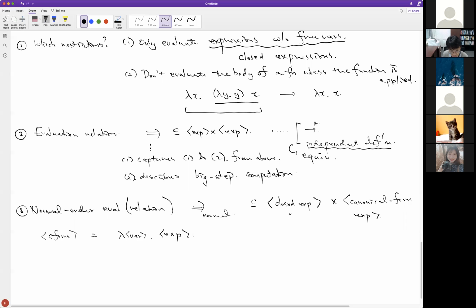This indicates that this normal order evaluation relation, however it is defined, describes a relationship between closed expressions and lambda abstractions in the lambda calculus.